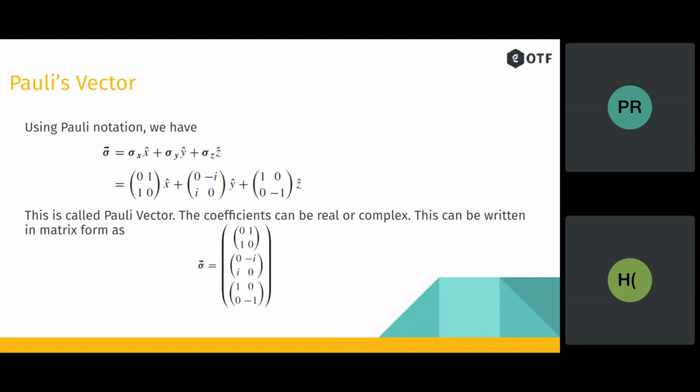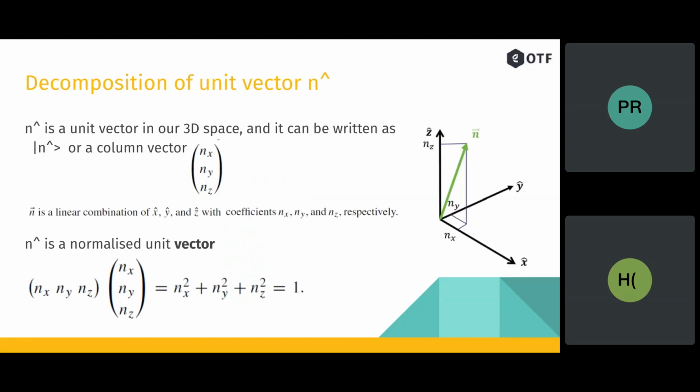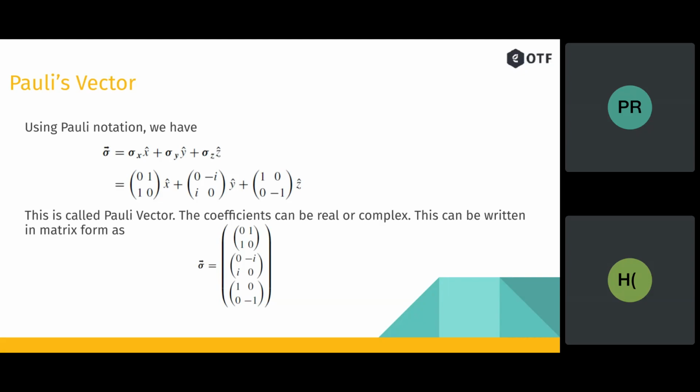All we are doing is taking x, y, z and saying that the Pauli vector in the n direction is composed of this, and accordingly we can represent it with the matrices.